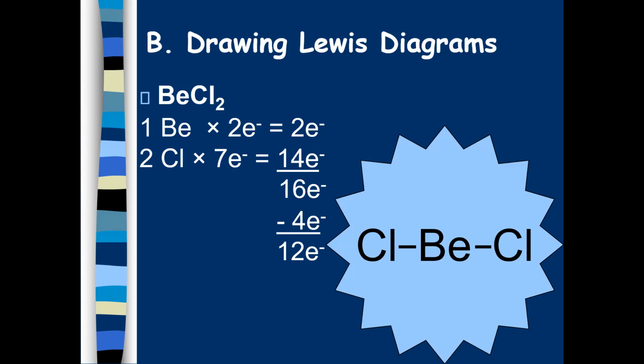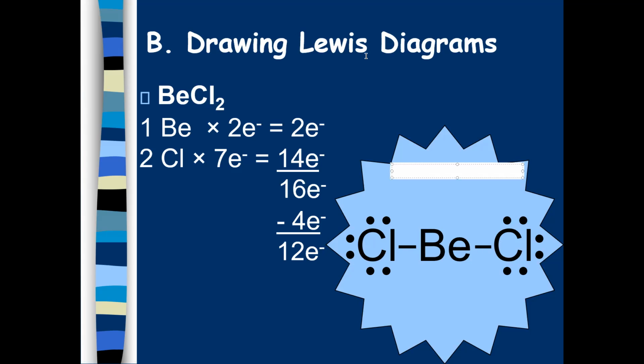Now, 12 electrons is enough to go. And we always put the electrons around the chlorines, or the atoms that are not in the middle, first. And that uses the 12. And then you're looking at beryllium. Beryllium's not full. But remember, beryllium is an exception.